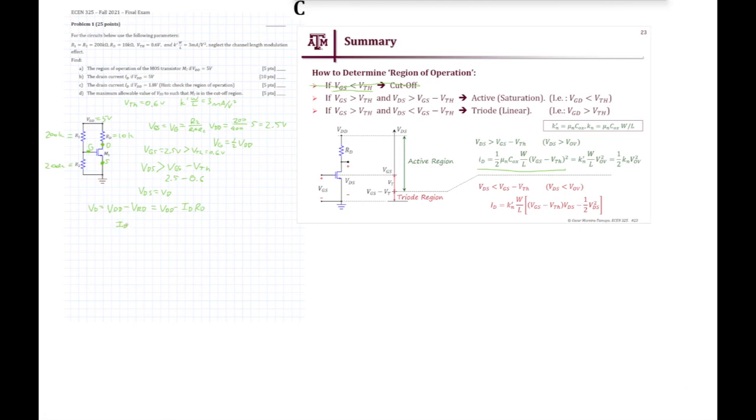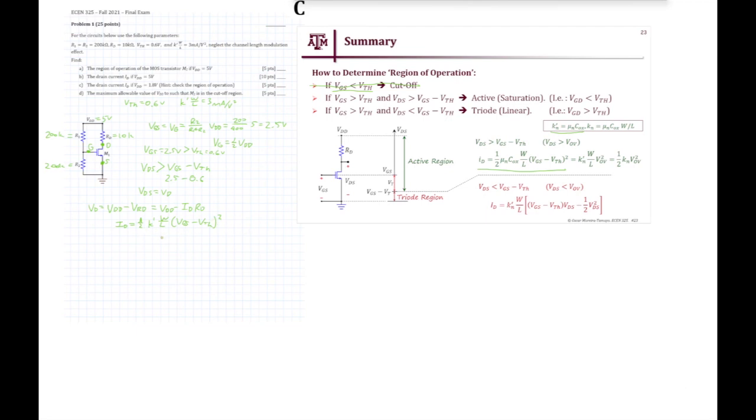This means that ID is equal to 1/2 mu n Cox, which is equal to K prime. That's just a shorthand way of writing this. So I'm going to write 1 over 2 K prime times W over L times VGS minus VTH squared.